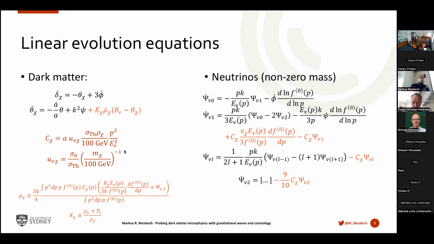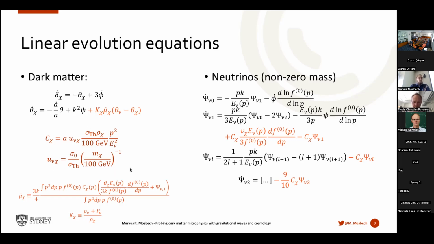We find that for this cross-section, the rate goes as p squared over E squared, and then all these standard terms. And then we parameterize our interaction strength in terms of this u parameter because of the degeneracy between the cross-section and the mass of the dark matter particle.